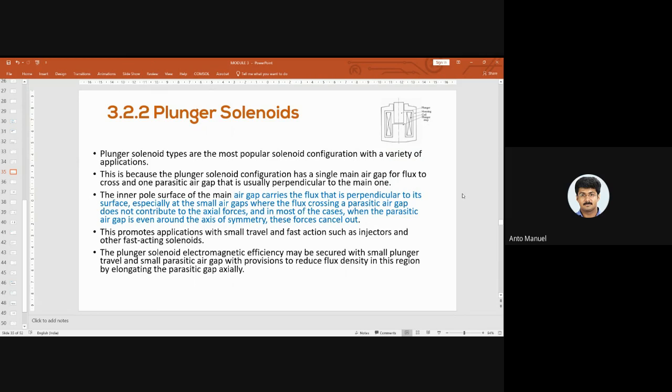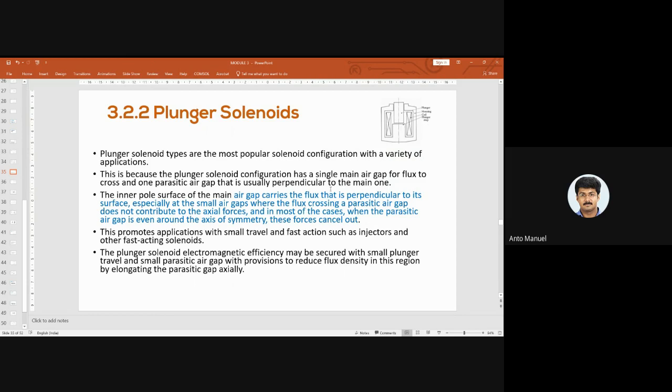When you change the voltage applied to the device, it automatically comes back to the normal position. This promotes applications with small travels and fast actions, such as injectors and other fast-acting solenoids. The applicability discussed for the disc armature or disc solenoid in the last class is also the same for plunger solenoids.